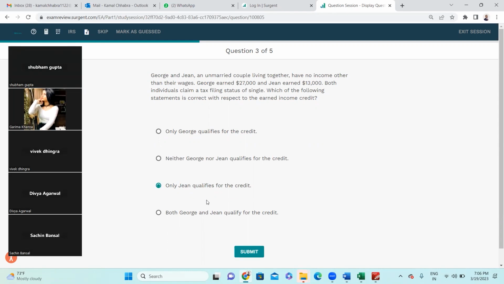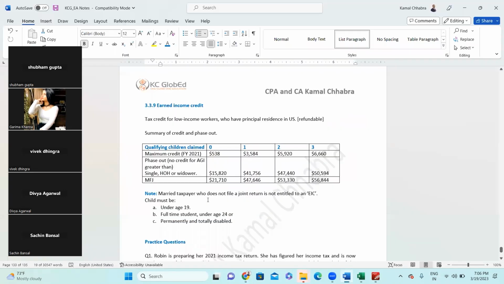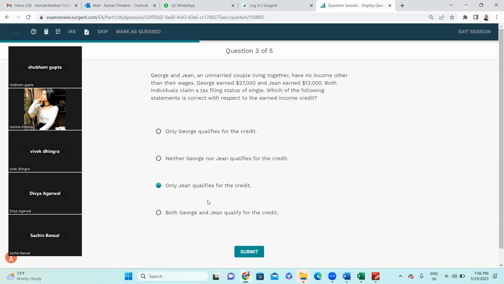Sir, what is the income limit? I think for one person, if he has no children, it is around 15,820, right sir, the limit? Yes. So sir, what is it in the question? I think it is around 13,000. Yes sir, so he can claim, right? So John can claim, you're saying? Yeah, option third. How about others? Garima, Vivek, Divya.